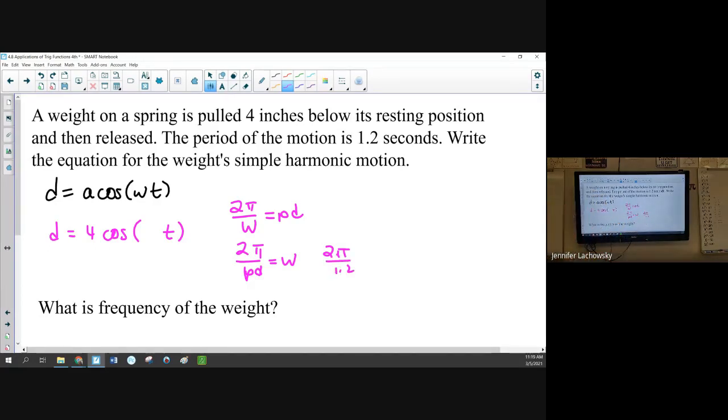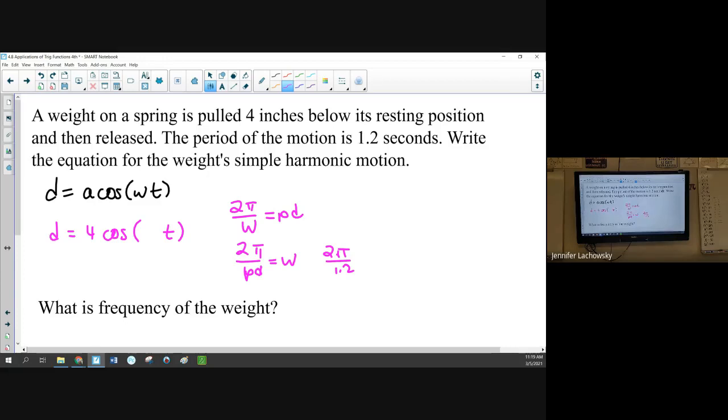Now 1.2 we could rewrite as a fraction. We could say 6/5, and then multiply by 5/6. Or we could just divide it. Leave it in terms of pi. 5 pi over 3.